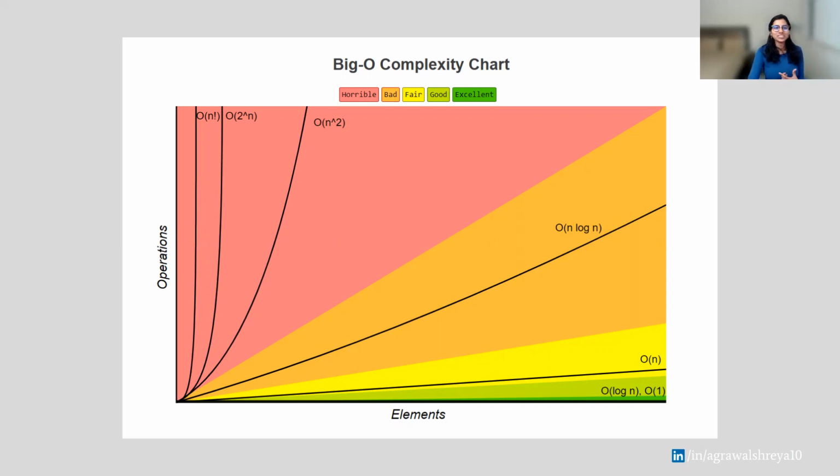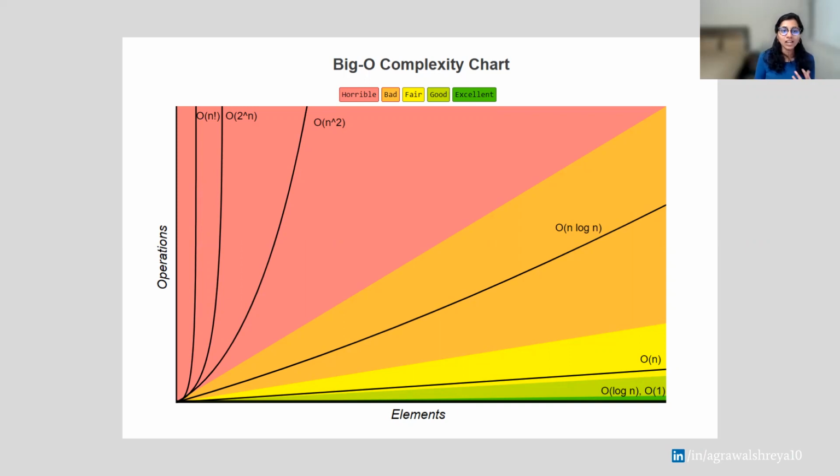So for interview purposes, I will always advise that you should focus on green ones, and you should try to avoid orange and pink ones. But definitely there are problems that cannot be solved without using n log n, because there are some larger chunks of data, or some computations that are required to be done.